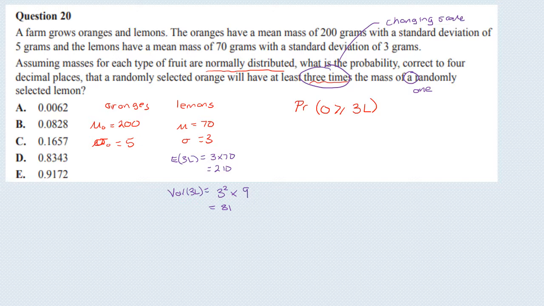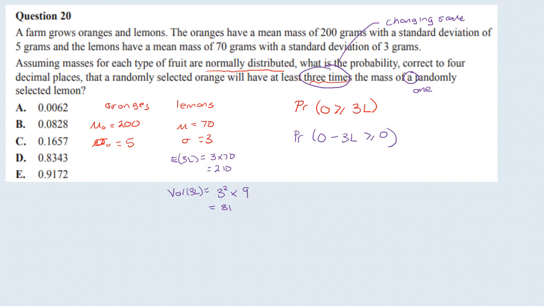Now we need to look at our actual situation. Another way of writing this probability is the probability that O minus 3L is greater than or equal to 0. So we need to work out the expected value and the variance for this.